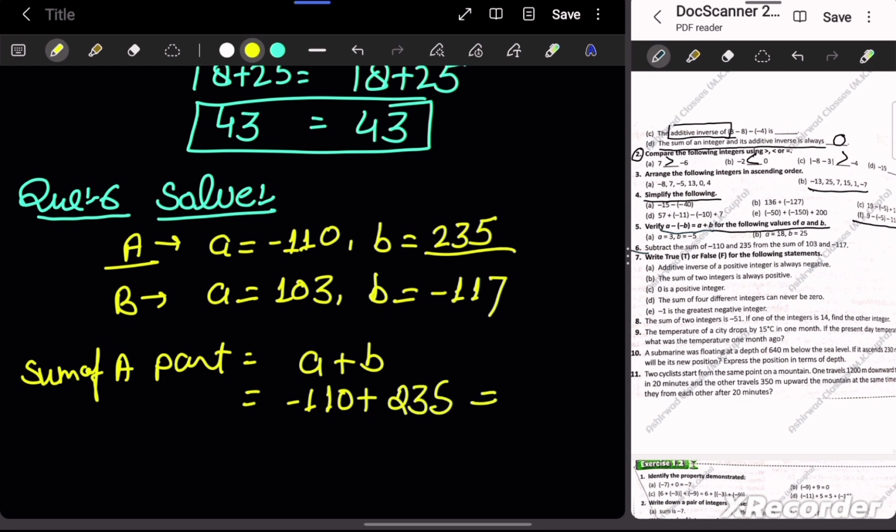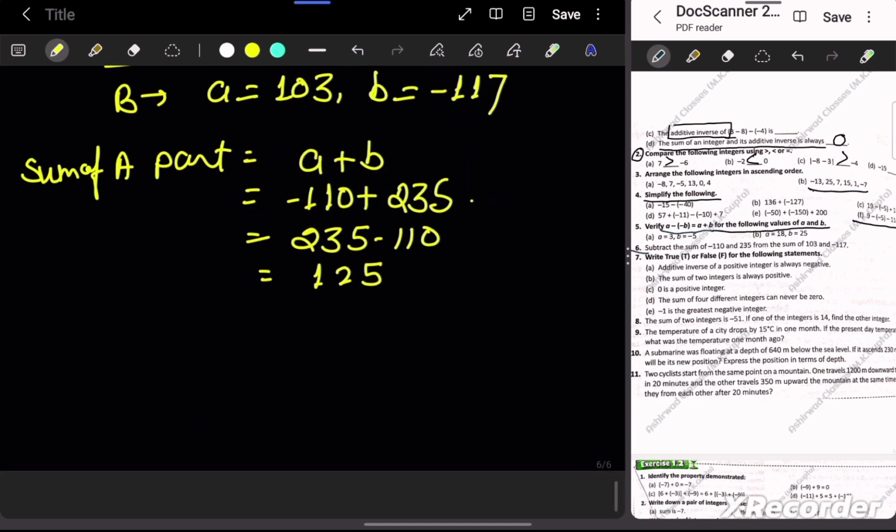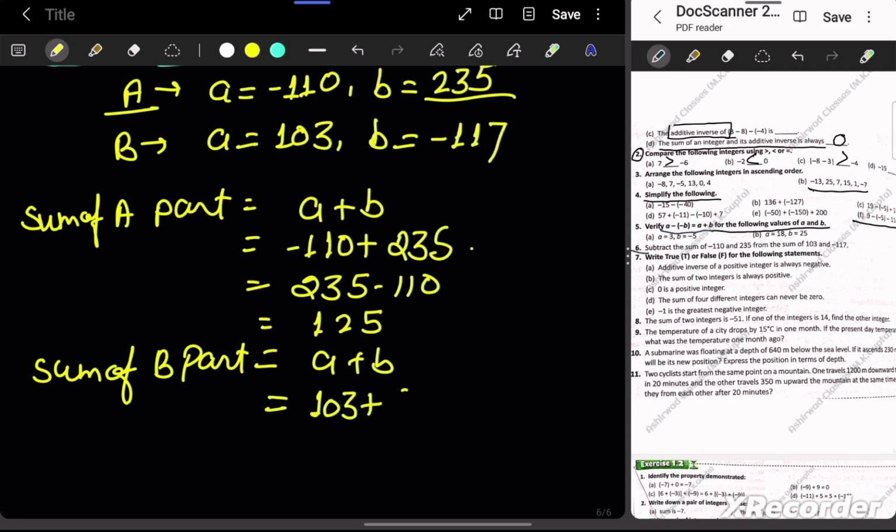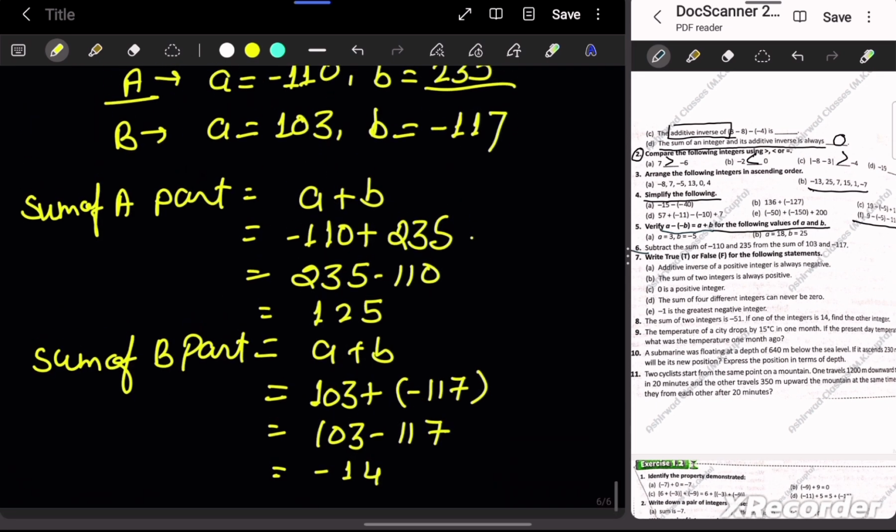Now can we write 235 minus 110 equal 125, and the sum of the B part, a plus b. Here a is 103 plus minus 117. Answer is minus 14 because the negative integer is greater than the positive integer.